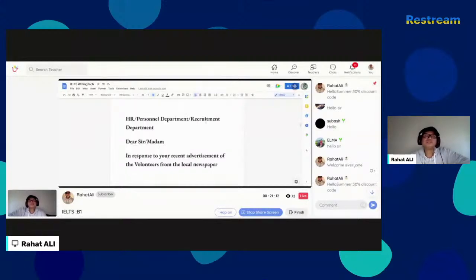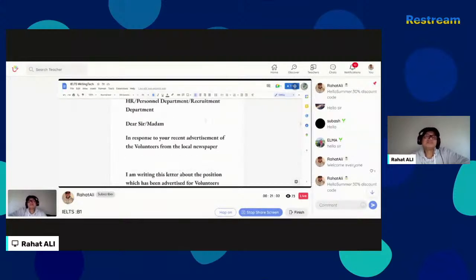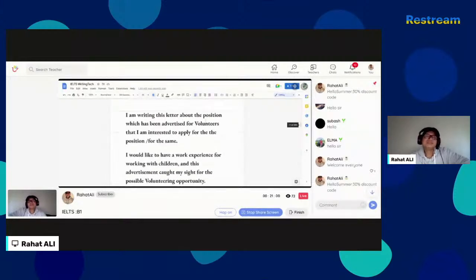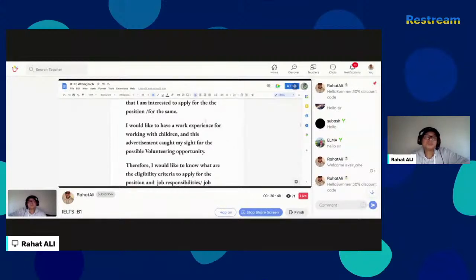And there is another bullet point. It says, let them know when you're available. Do not use any address. We have not used any address. Express your interest. So I have expressed the interest. I'd like to have a work experience for working with children, and this advertisement caught my sight for the possible volunteering opportunity.